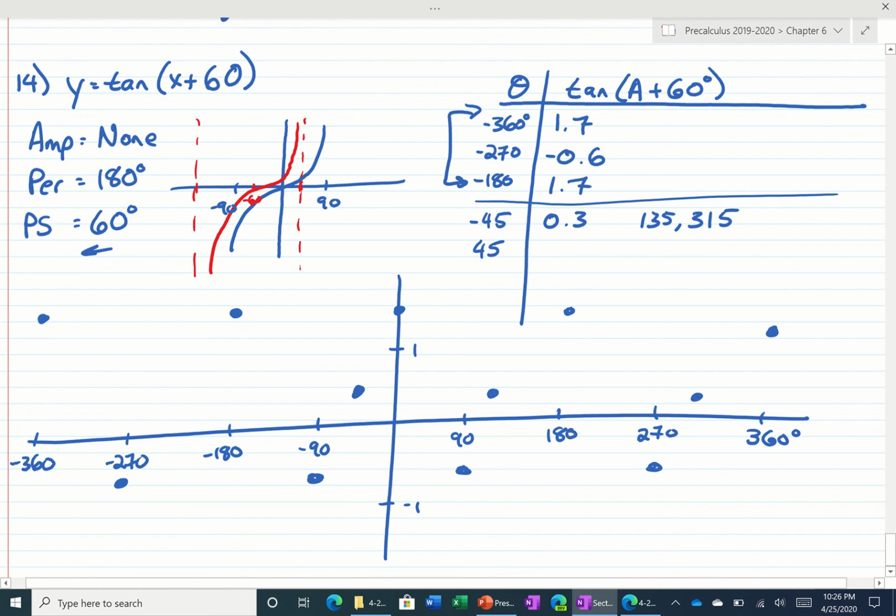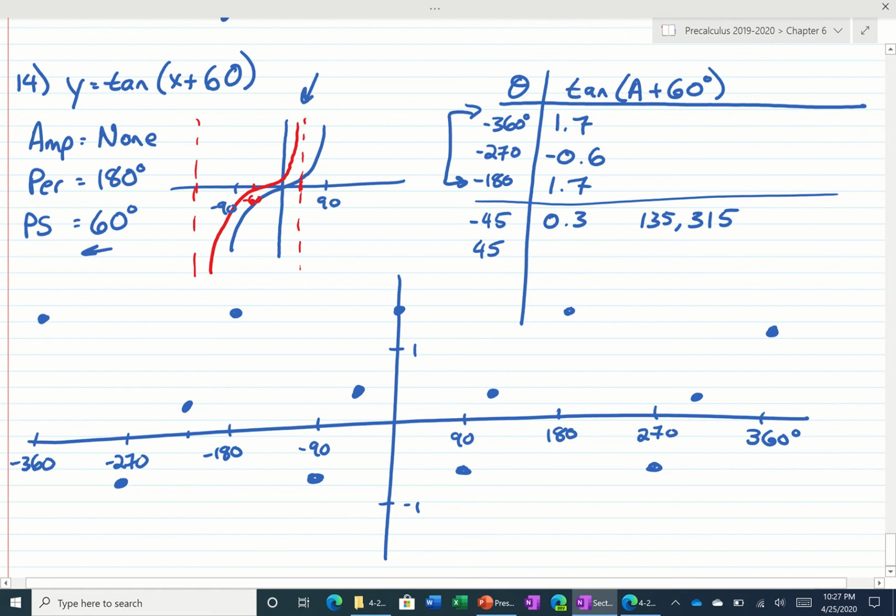All right, and it looks like the graph's looking something like this. Negative 45, negative 225, it's the same thing. All right, so how do we connect these dots to make it look like it should? So I know tangent does look like that cubic function, right?